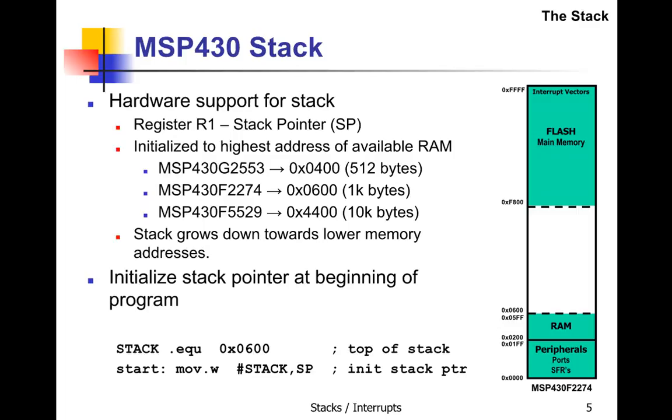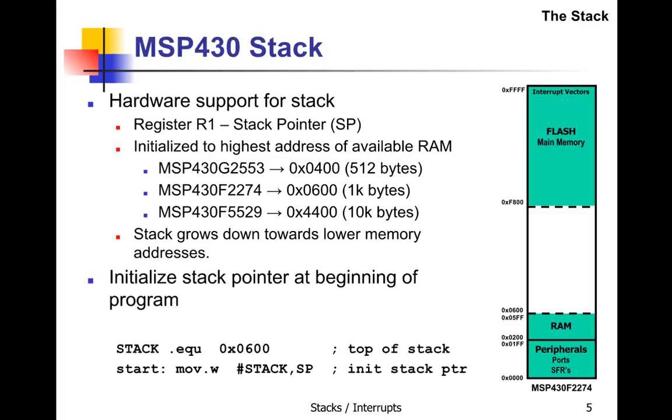So let's look at some stuff that's specific to the MSP430 stack. The hardware support for the stack: register R1 is known as the stack pointer, and the stack pointer is initialized to the highest address in available RAM.